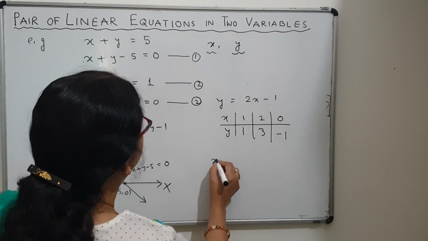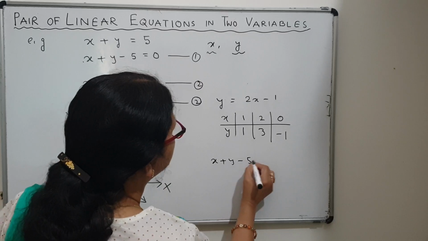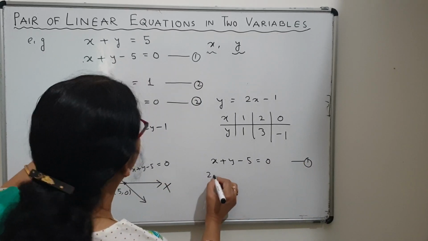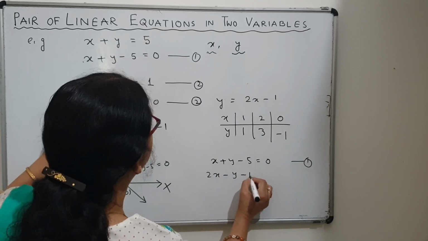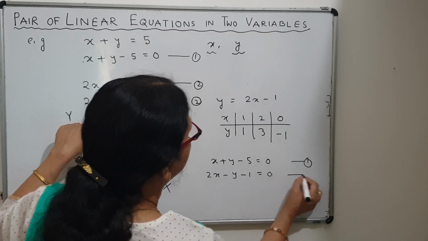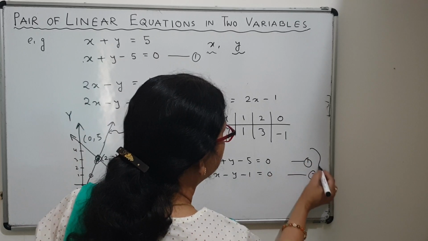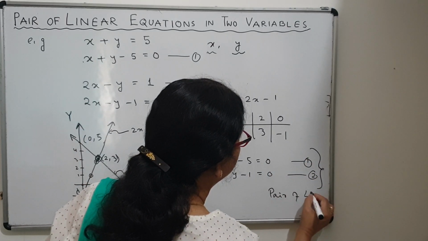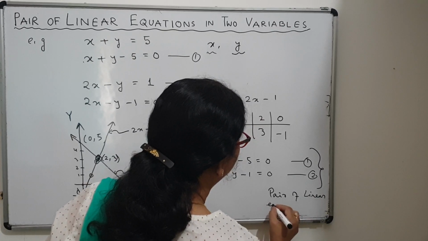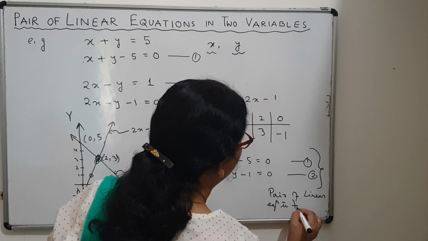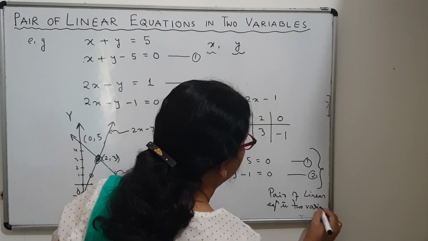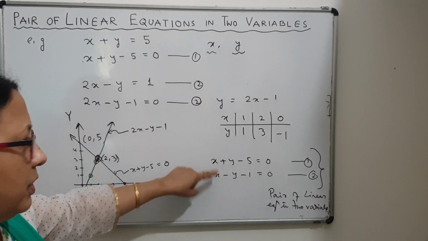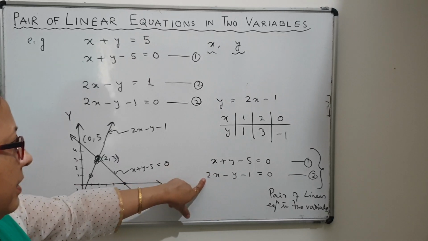That is x plus y minus 5 is equal to 0, that was equation 1. And second equation, twice x minus y minus 1 is equal to 0, equation 2. So this is the pair of linear equations in two variables. Two variables, so two equations, a pair is required.